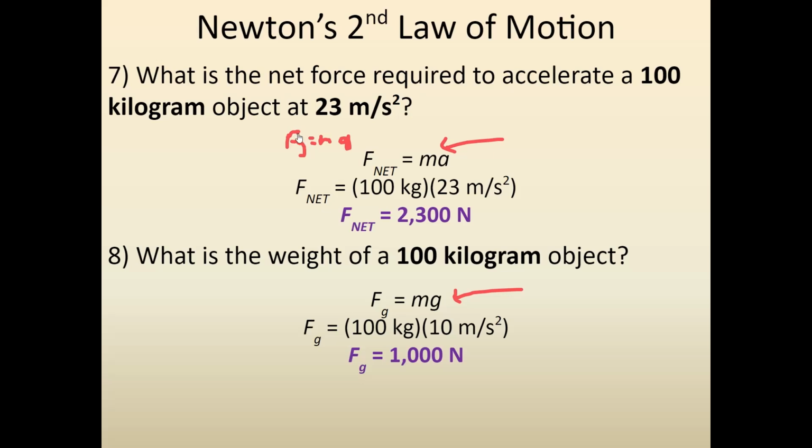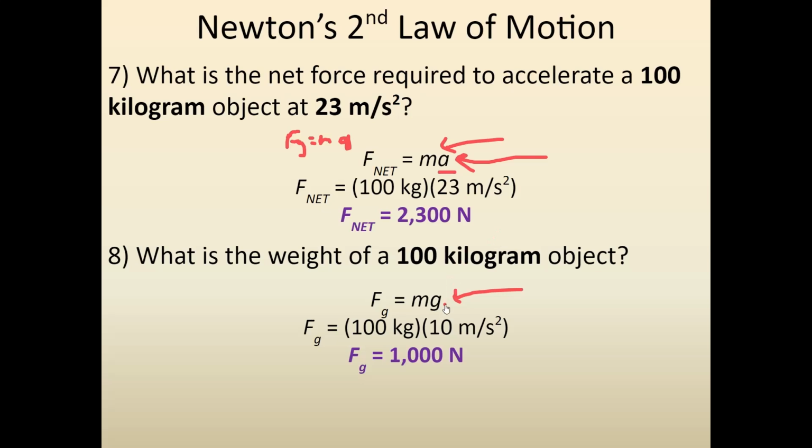However, you do want to get into the habit of not doing this. Make sure that you're doing F net equals ma when you're talking about net forces and the acceleration the object is going through. You're using Fg equals mg when you're finding the weight of the object, and not necessarily using the acceleration it's moving. The important thing is that when you're using this equation, this a represents the acceleration the object is actually experiencing, like it's moving and changing its velocity based off of that acceleration.